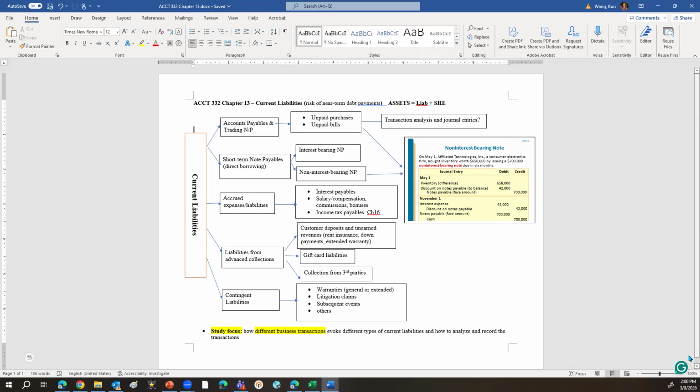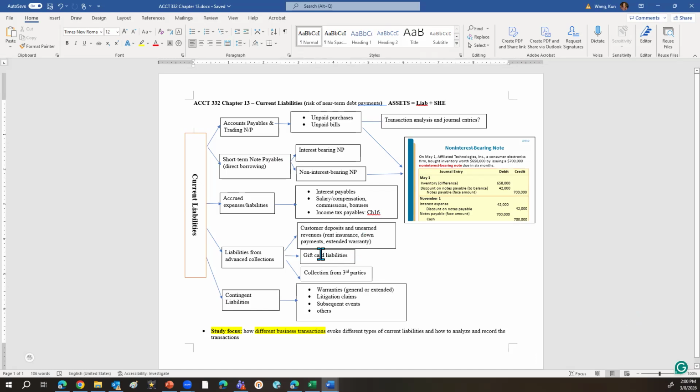But with this one, you really have no idea when the consumer will bring the gift card and make the purchase. So the use of the gift card is more uncertain than unearned revenues. For unearned revenue, we know the collection of the rent is for 6 months, a year, or insurance.